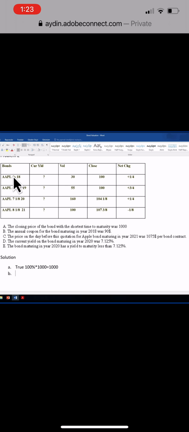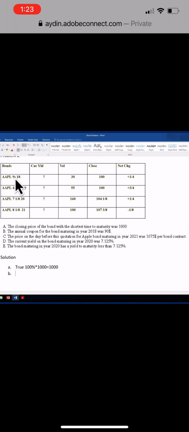Just coupon payment, or it's a coupon rate and year to maturity. So again, I'm repeating myself. So this is coupon and this is yield to maturity. Year to maturity. So therefore, let's check.